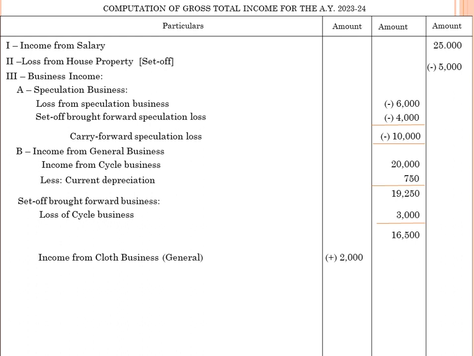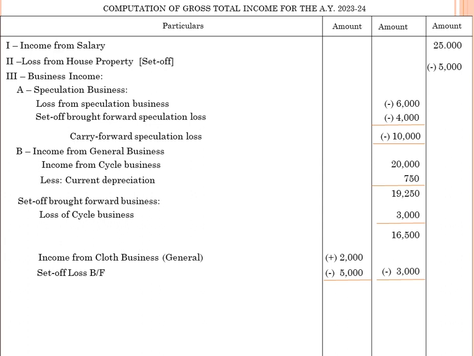Next we move on to the income from cloth business: 2,000 rupees for the previous year, and set off the brought forward loss, how much? 5,000 rupees. The remaining excess loss is 3,000.